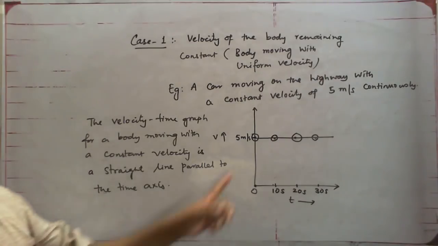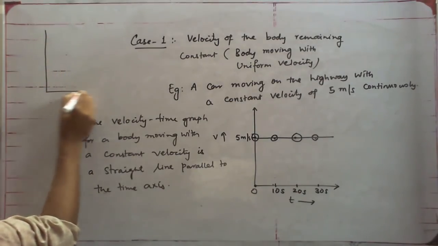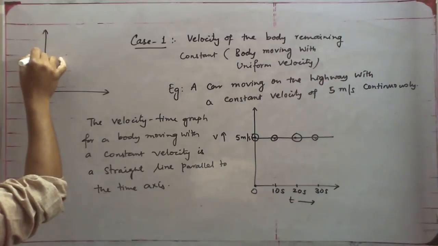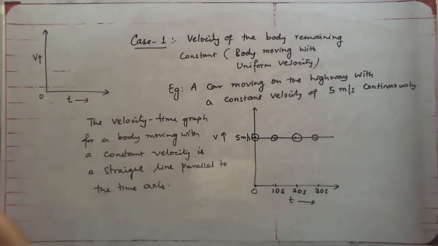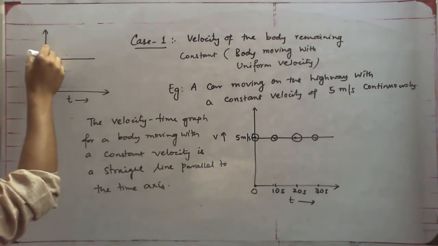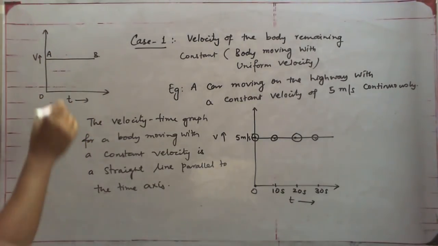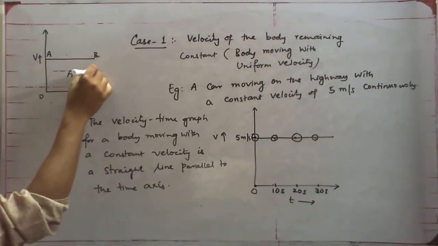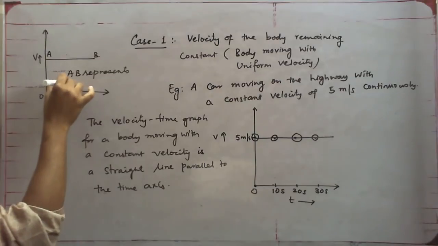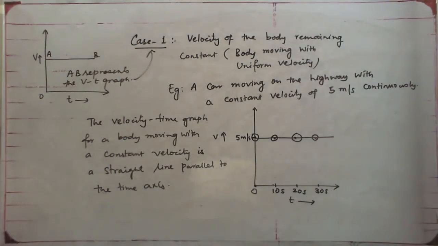So this is the case when the body has a constant velocity. Let us see the general graph. How does it look like? This is velocity, this is time, this is origin, and the graph is a straight line parallel to the time axis. Let us say this is A, this is B. So AB represents the VT graph. This is the case number 1.